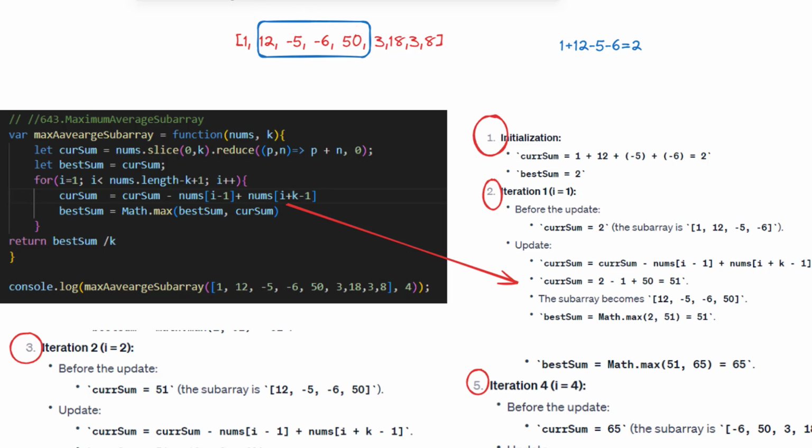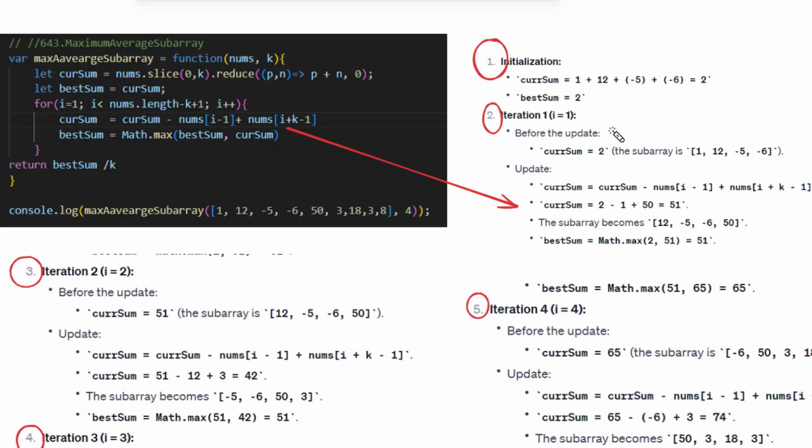In the next iteration, what will it do? It will make minus 12 plus 3. In the next iteration, it will make minus 5 plus 18, like that way.